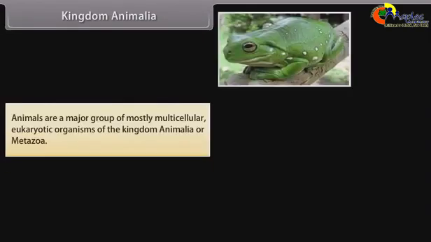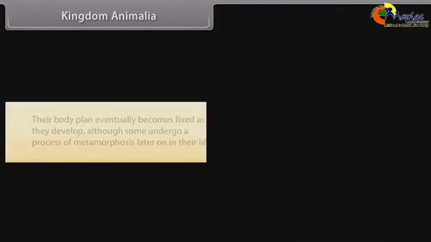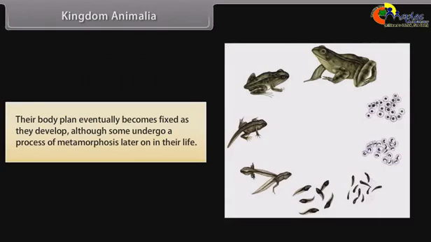Kingdom Animalia. Animals are a major group of mostly multicellular eukaryotic organisms of the kingdom Animalia or Metazoa. Their body plan eventually becomes fixed as they develop, although some undergo a process of metamorphosis later on in their life.